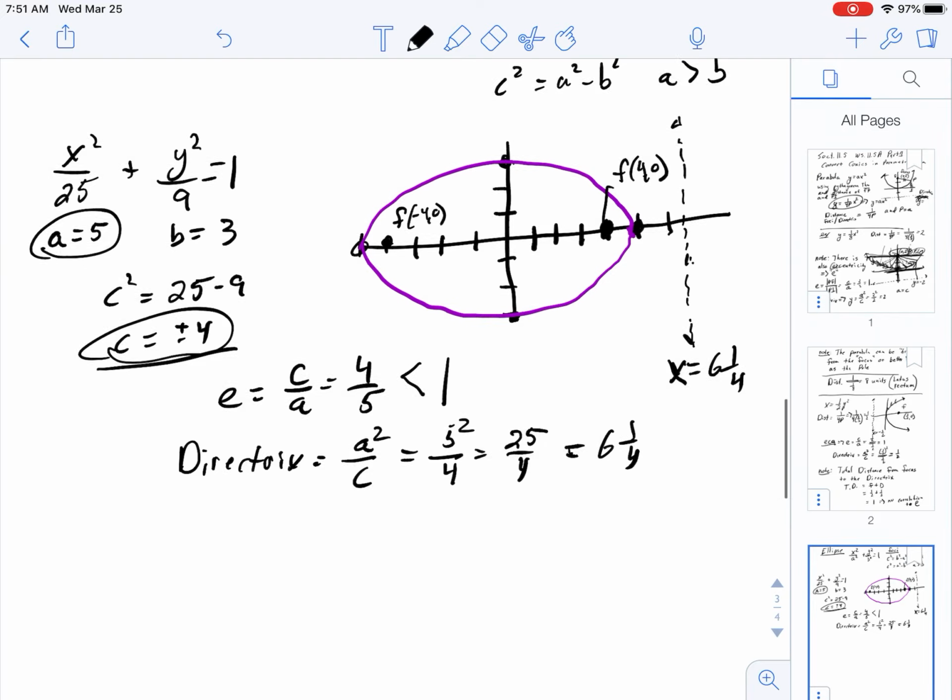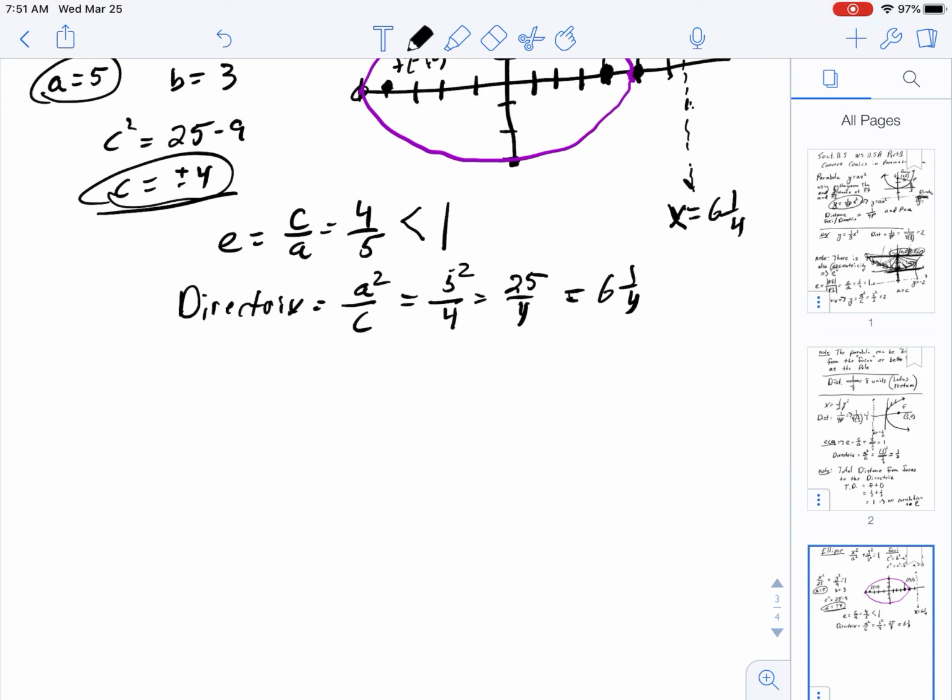Now, another key thing here, and it'll come into play much later, is my total distance of my focus plus my directrix.